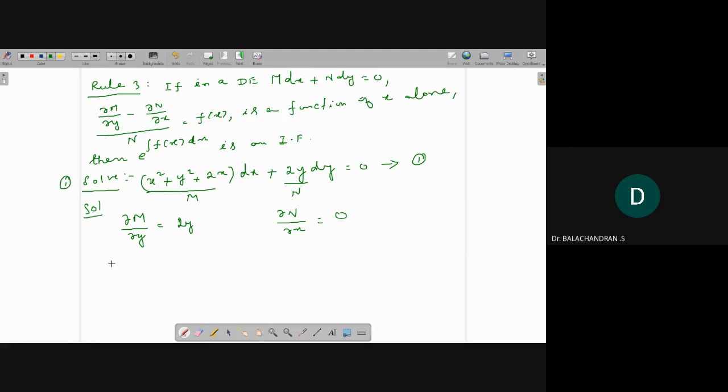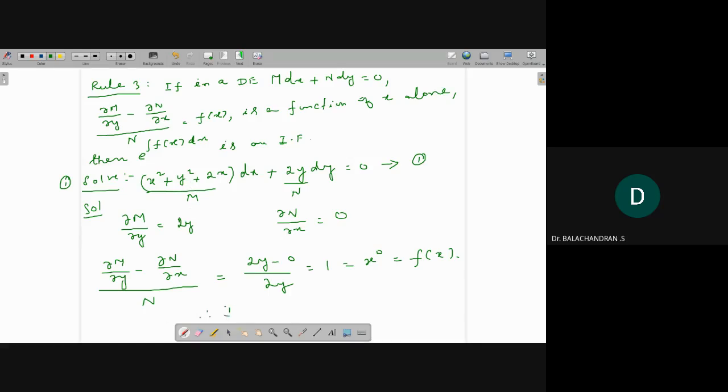Now here, (∂M/∂y minus ∂N/∂x) divided by N is (2y minus 0) over 2y, which is equal to 1. I can write this as x power 0. So it's a function of x alone.